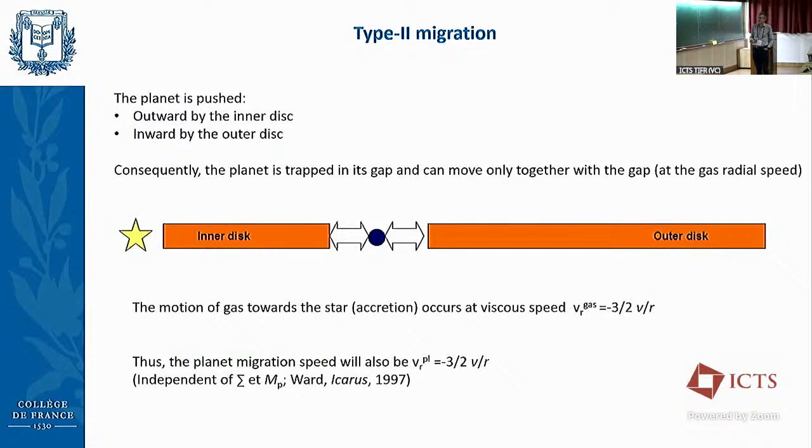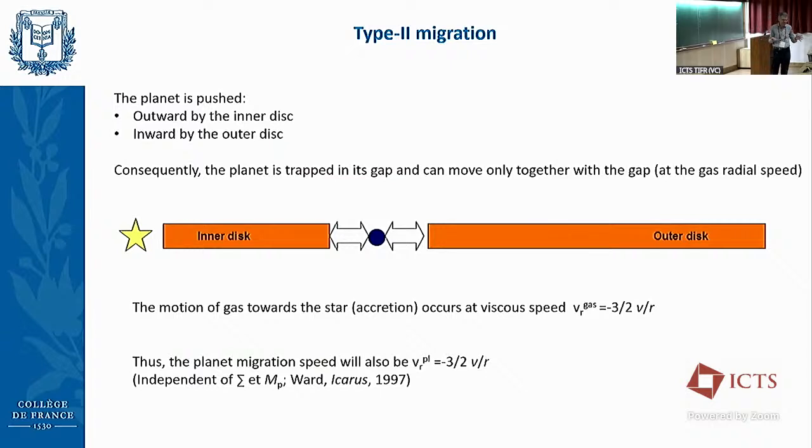And this is the famous formula of type 2 migration produced by Bill Ward back in 1997. And what is important is that in this simple vision of migration, the migration speed for a massive planet in type 2 becomes independent of the mass of the planet and even independent of the density of the disk.